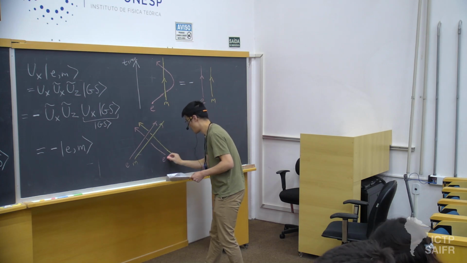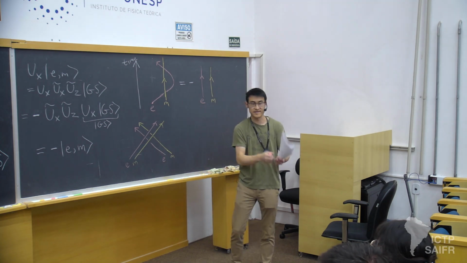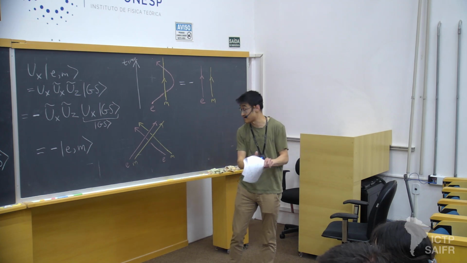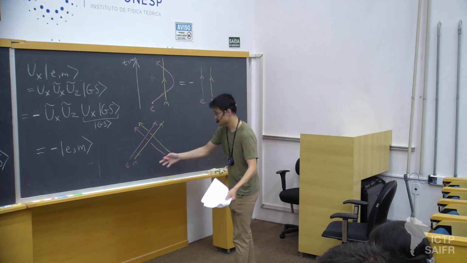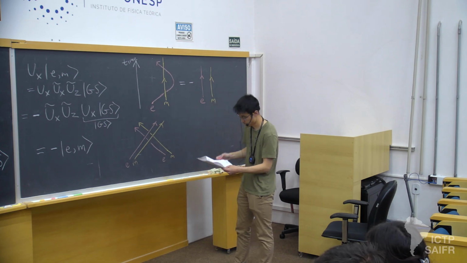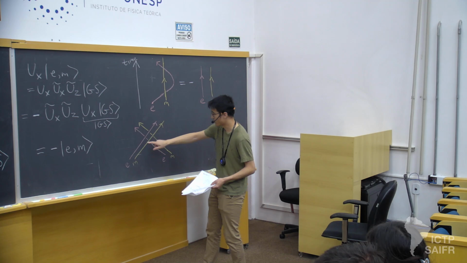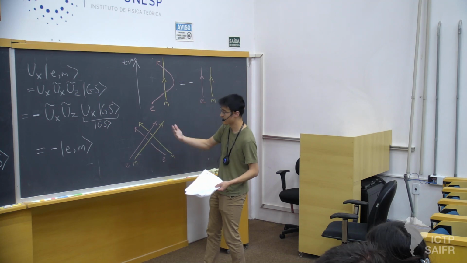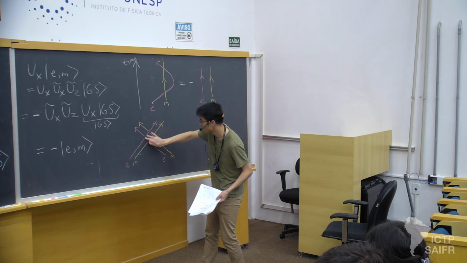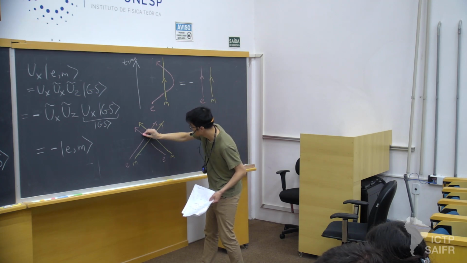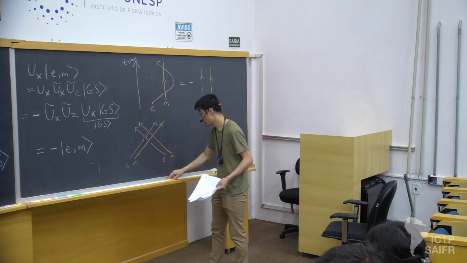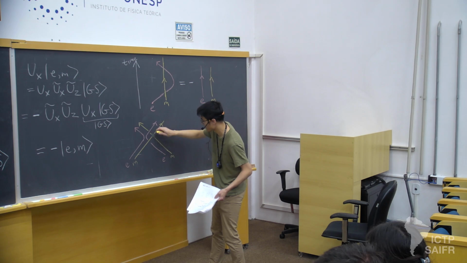Okay, one can create a pair of E and M particles nearby just by applying string operators that are near each other. Right, just take the two strings together. So here we're taking two E and M pairs. We're taking a pair of E and M's, and then we're exchanging them. And so, as I said before, E and E are bosons with respect to each other. There's no non-trivial statistics, so we can just resolve this crossing here. And then similarly, M's are also bosons with respect to each other, so we can just resolve this crossing here.